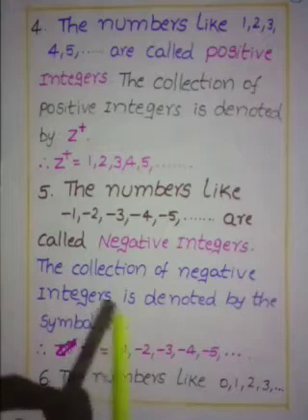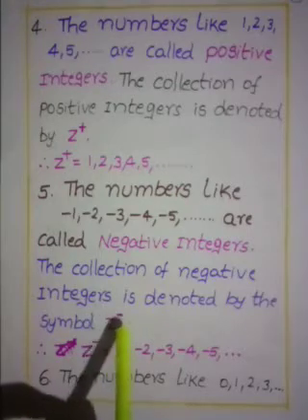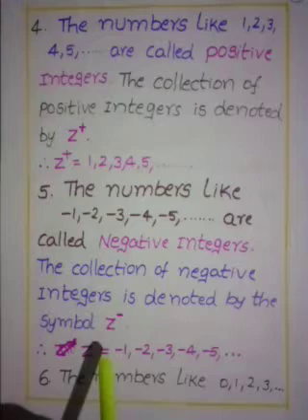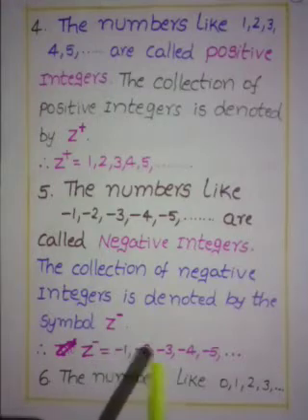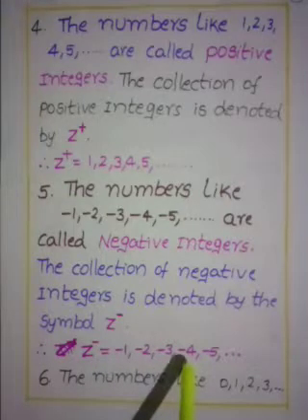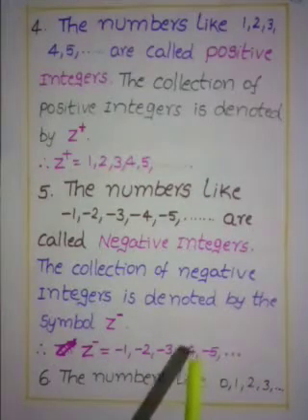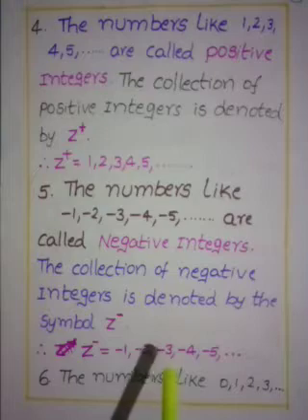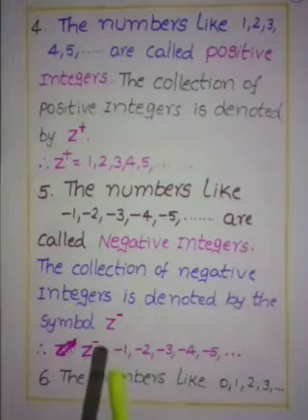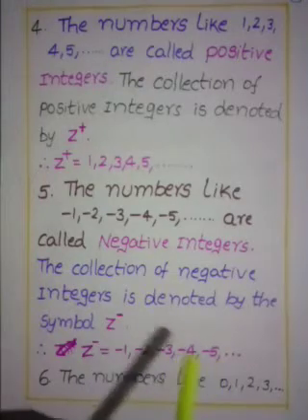We read it as Z minus. Z minus is equal to -1, -2, -3, -4, -5, and so on. Is it clear, my dear children? What is meant by negative integers? What are negative integers? Right.